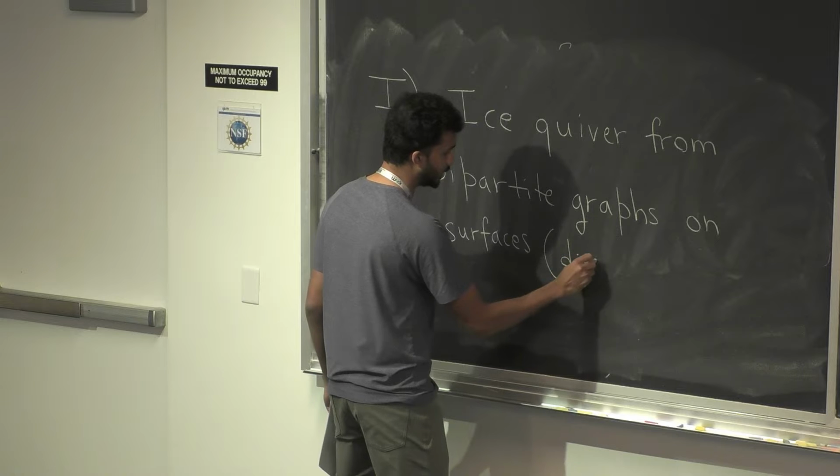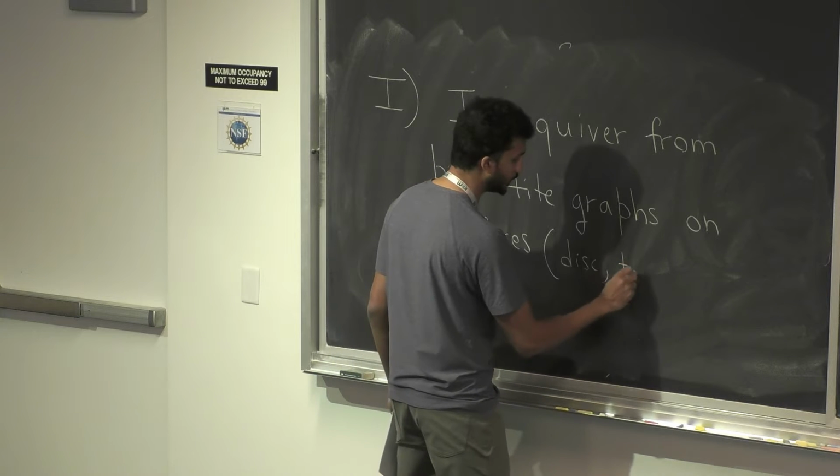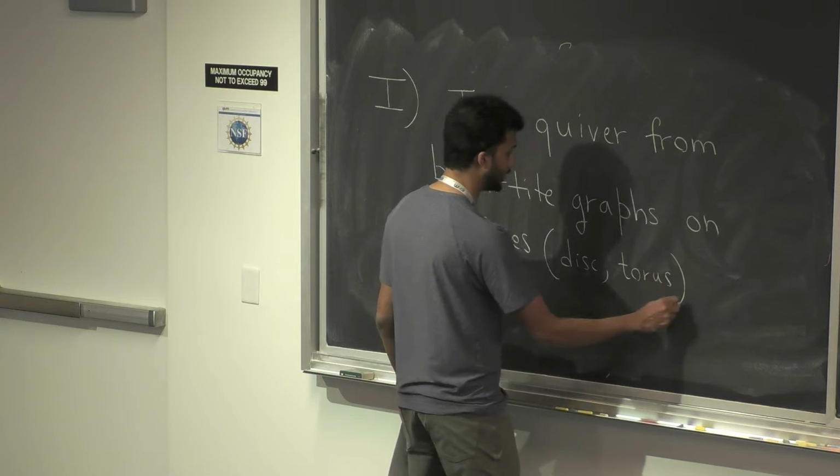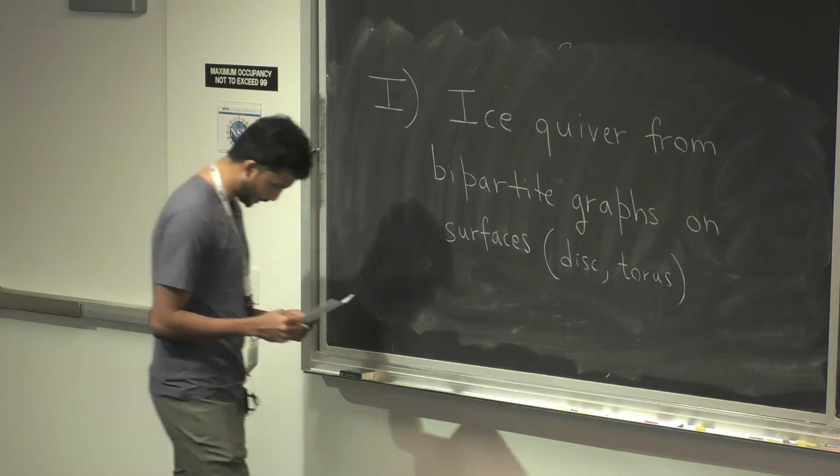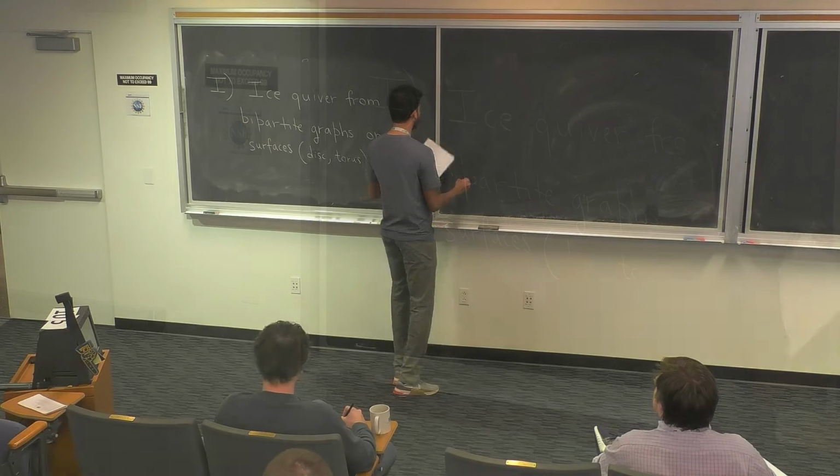Usually we're interested in either the disk or the torus. These are the ones that appear most commonly, but you can do this on any surface with boundaries. And so here is an example.